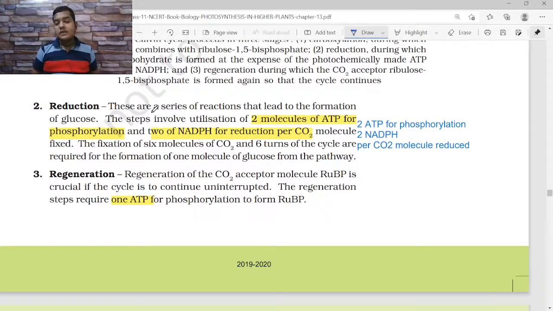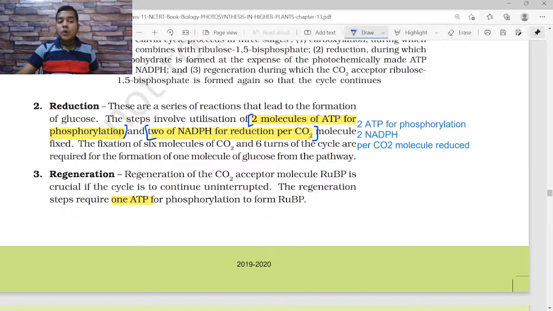So these are the series of the reaction that lead to the formation of glucose. The steps involve utilization of the two molecules. This is the highlight part. The two molecules of ATP for phosphorylation and two molecules of NADPH for per CO2 molecule reduction. So the fixation of CO2 molecule, अगर फिक्सेशन हमें 6 मॉलिक्यूल CO2 का करना है and 6 turns of the cycle will be required.